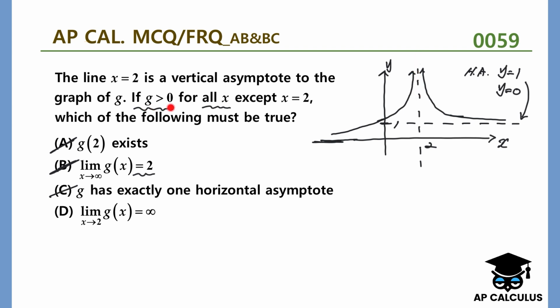Since g is positive for all x, this graph goes up like this from the left-hand side. Also from the right-hand side, the graph has to go like this. So as x approaches 2 from the left-hand side and right-hand side, g of x approaches positive infinity. That's true, so the answer has to be D.